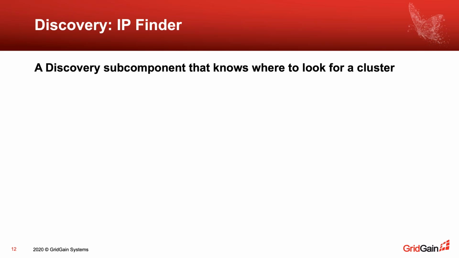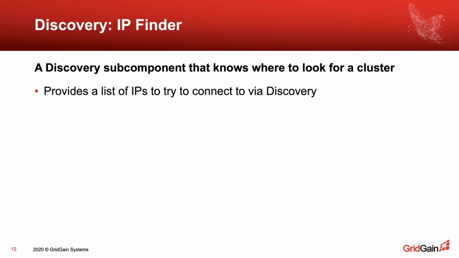And in turn, discovery has different subcomponents of its own, and the discovery component has a subcomponent called IP Finder. And IP Finder is what's responsible for cluster discovery in Apache Ignite. So IP Finder is something that knows where it needs to look for a cluster to connect to.